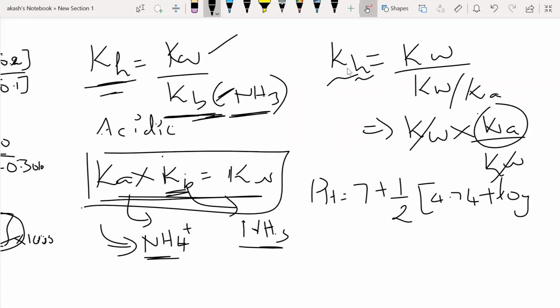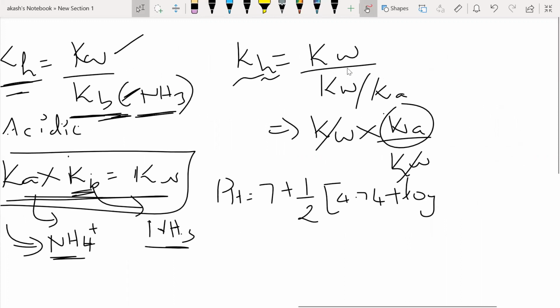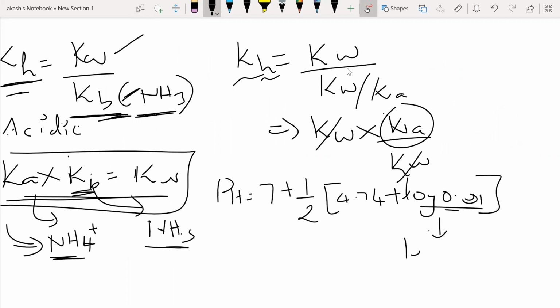So it's going to be log of 0.01. Now if you want to simplify this log of 0.01, you can write it as log of 10 to the power minus 2.